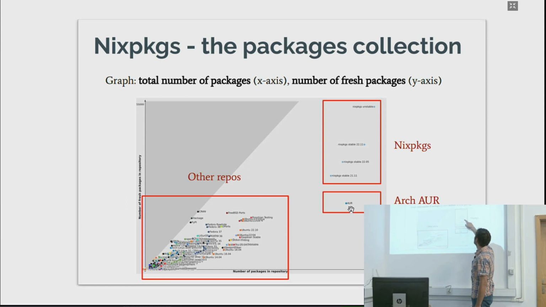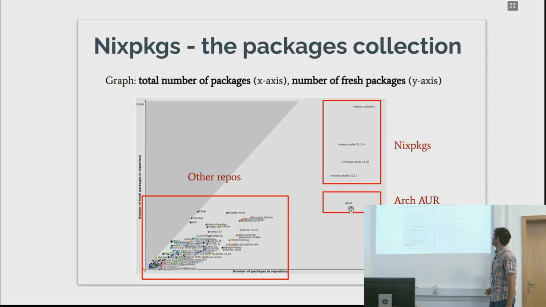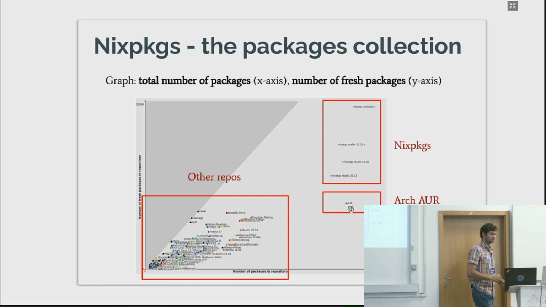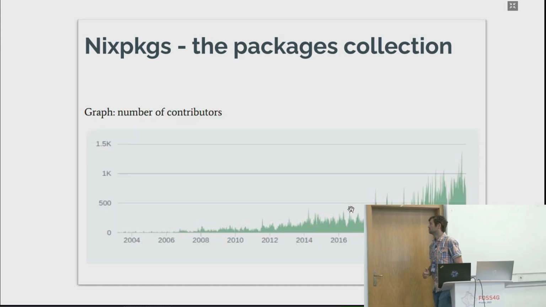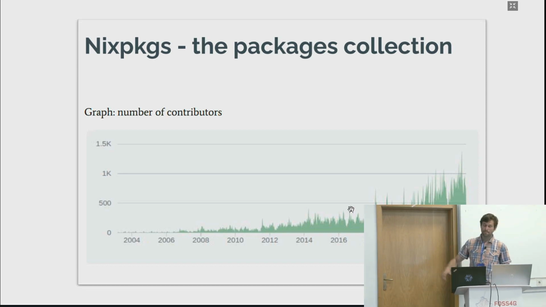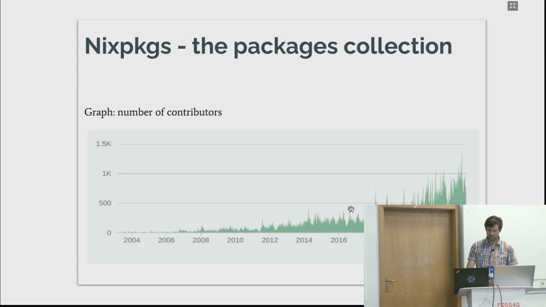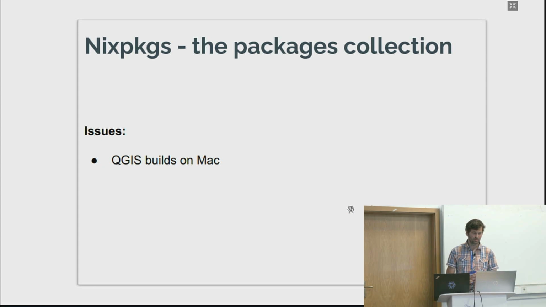And our packages are more up to date, even compared to the Arch user repository. The number of contributors is really growing each year. As you can see, we now have around 1,000 contributors.